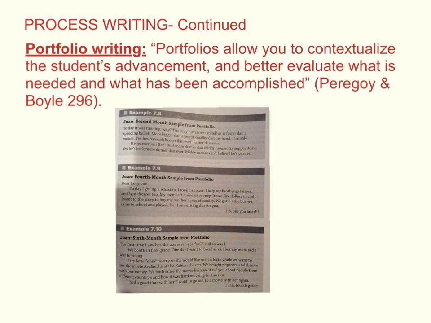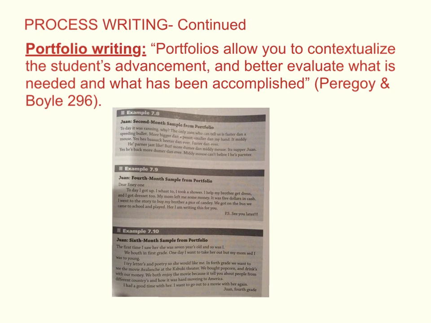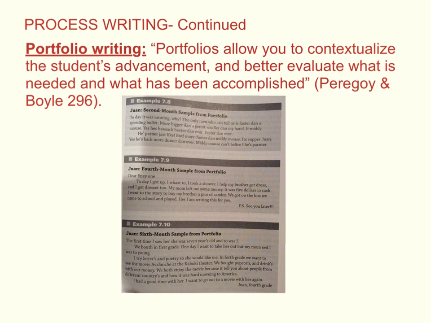So I really like the example 7.8, 7.9, 7.10 to show how, in this case, Juan's writing grew incrementally from month to month. And I think that this is a nice way to show students, to show parents, to show the community how much a student is growing in terms of being a reader and a writer.